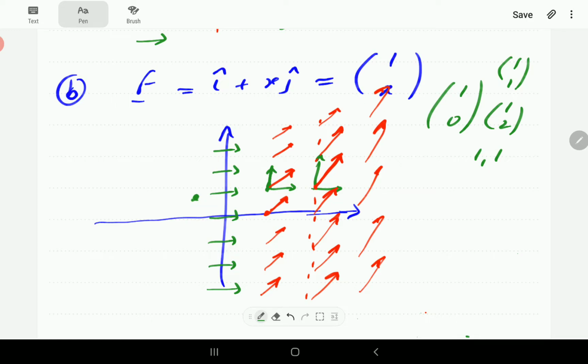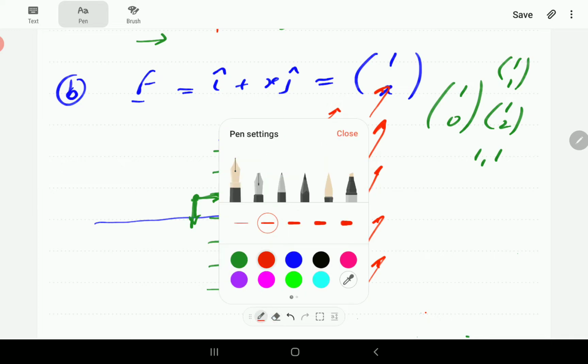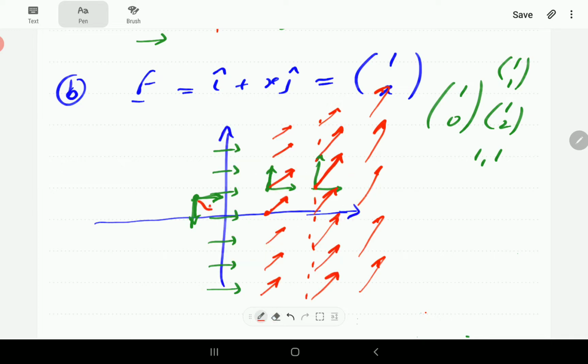So that means the x component is still going this way because the x component is still 1, but the y component is now going this way. So that means our vector is now going to be going this way, and this is the vector that we're going to be getting for all the positions along x equal to -1.